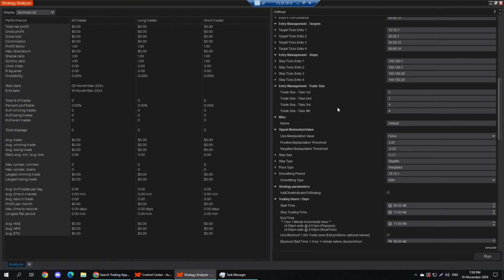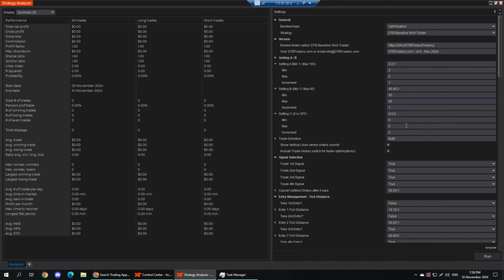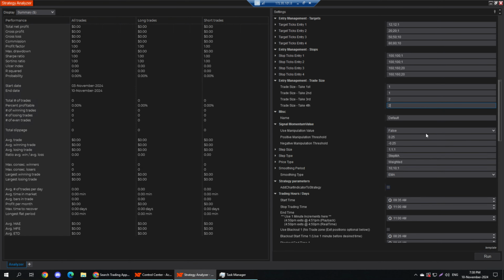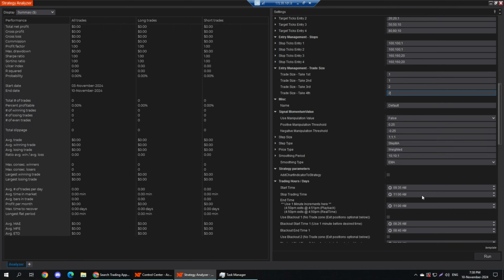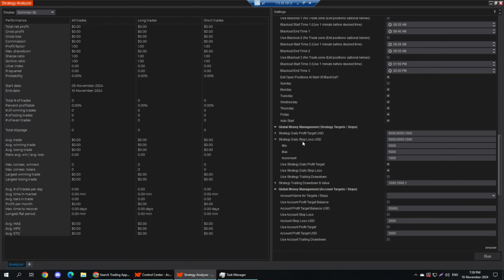We still have to enter, and you might say, I'm not comfortable entering four contracts on an order, I actually only want to enter 2. So you might choose 2 over there. Now, bear in mind, whenever you change these values, you have to make sure that the strategy entering that size contract is still in line with your values over here. So, making that 2 and 2, you might reduce this back down again.